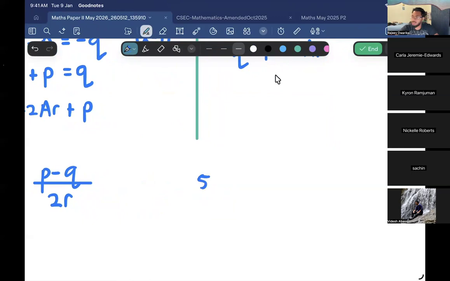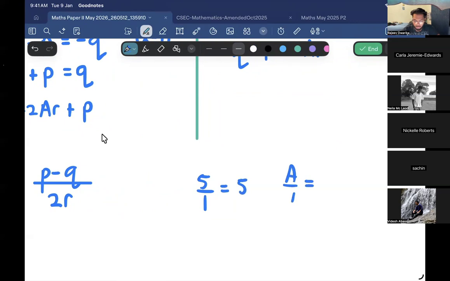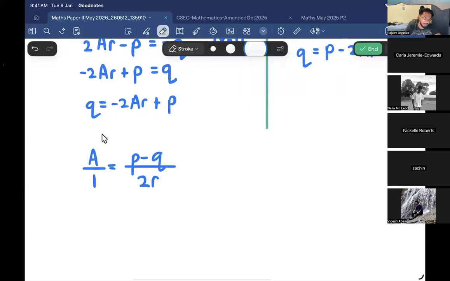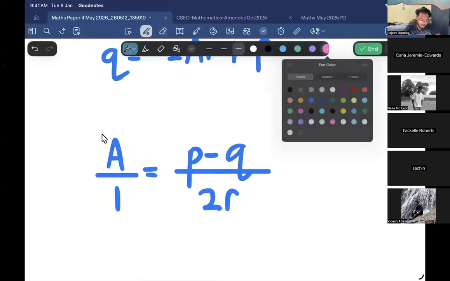What's 5 over 1? 5, sir. The 5. Cool. So what do you think A over 1 is? A. That's A. Cool. So if I write A is A over 1, I'm not changing anything. It's still A. So now I cross multiply.